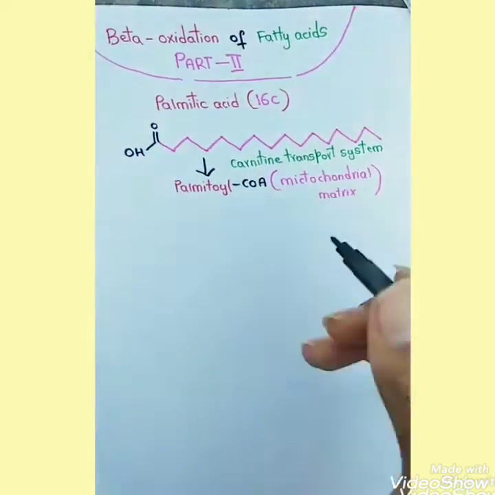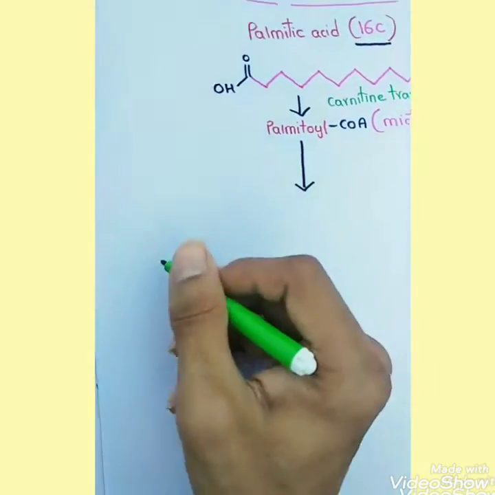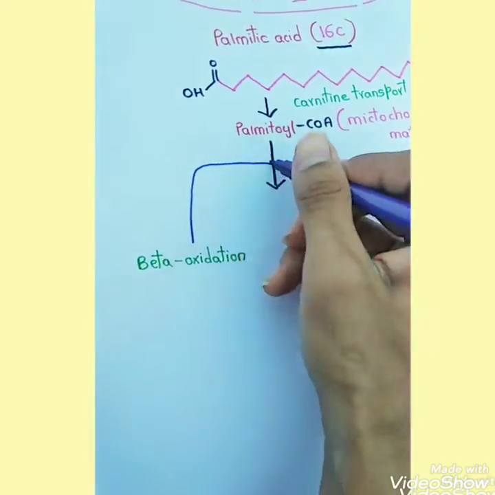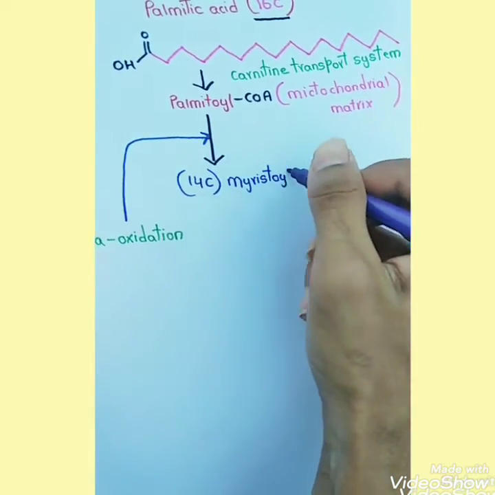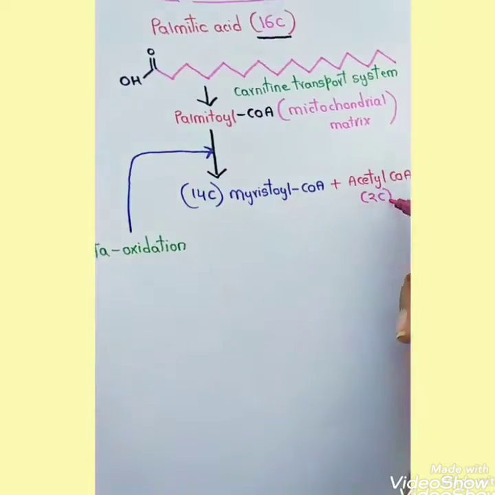Now this 16-carbon palmitoyl-CoA will undergo beta oxidation in the mitochondrial matrix and be converted into a 14-carbon myristoyl-CoA and a 2-carbon acetyl-CoA.